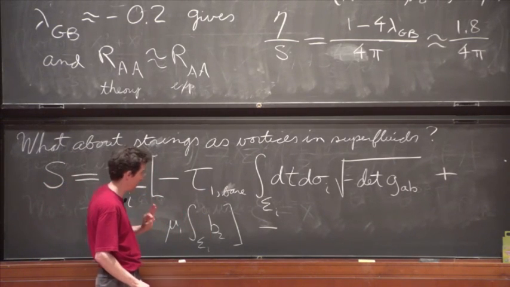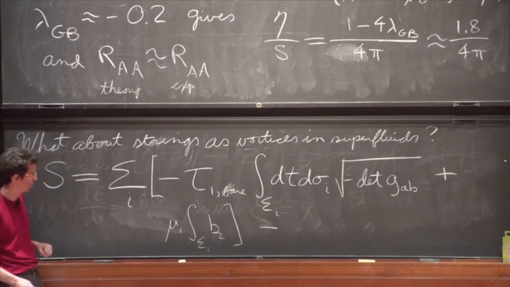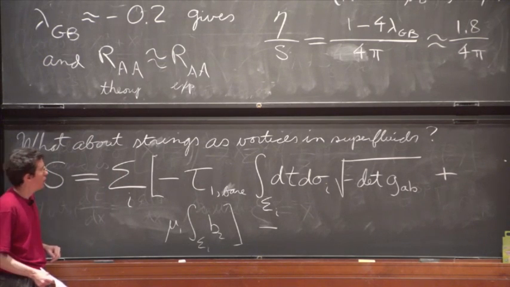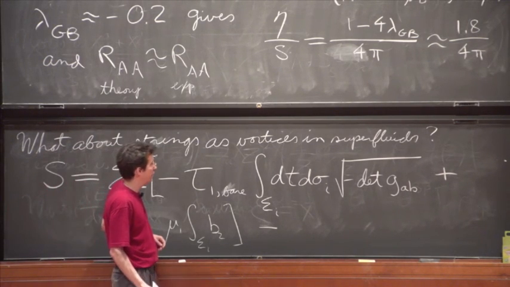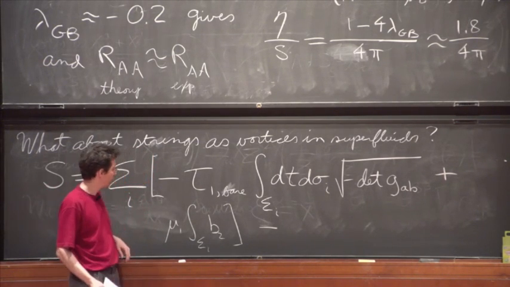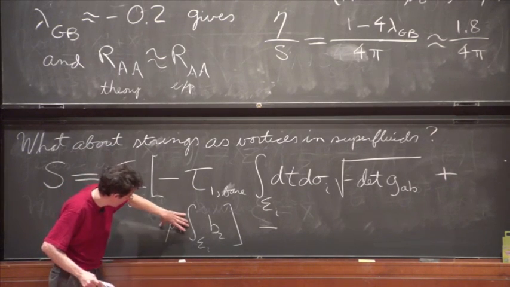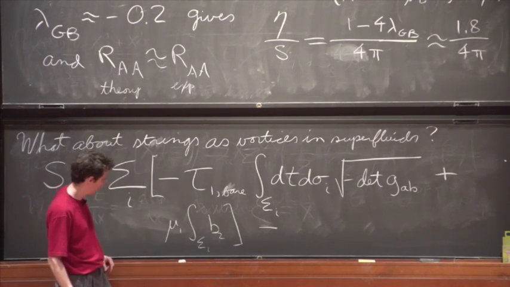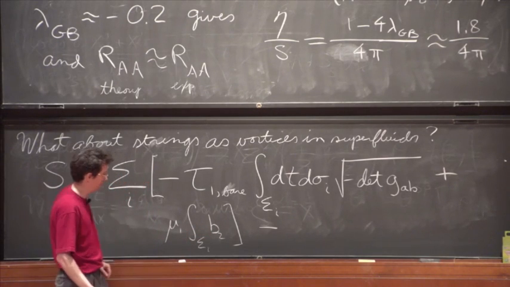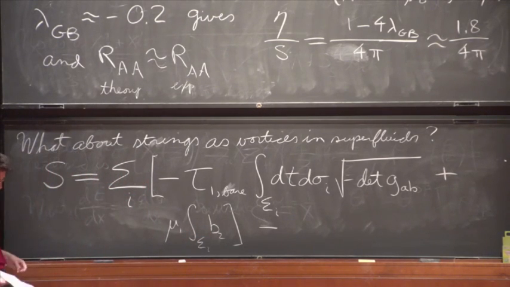We don't have to understand it because we're in an effective theory. And then also describes the coupling of the vortex to the superfluid, which can efficiently be represented by the coupling to our good friend, the NSNS 2-form.